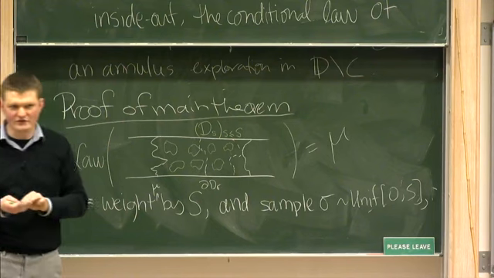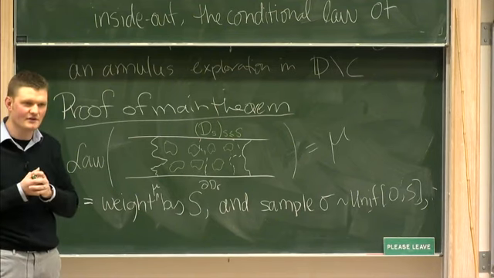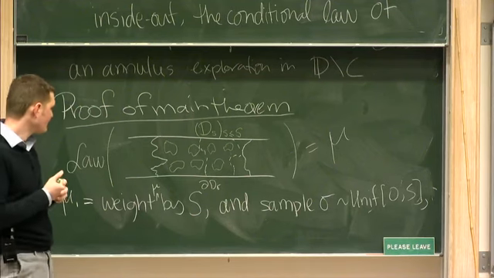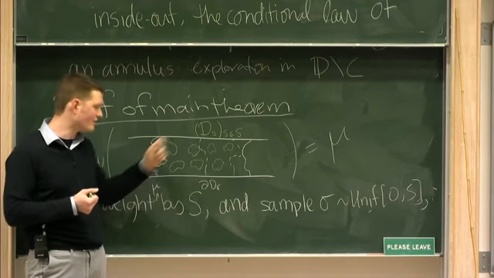This is very much the same kind of idea as in Dubédat's original paper on showing that the SLE4 is determined by the Gaussian free field. Same idea. We have the loops, we have this forward exploration, and we sample a reverse exploration conditionally independent given that one.